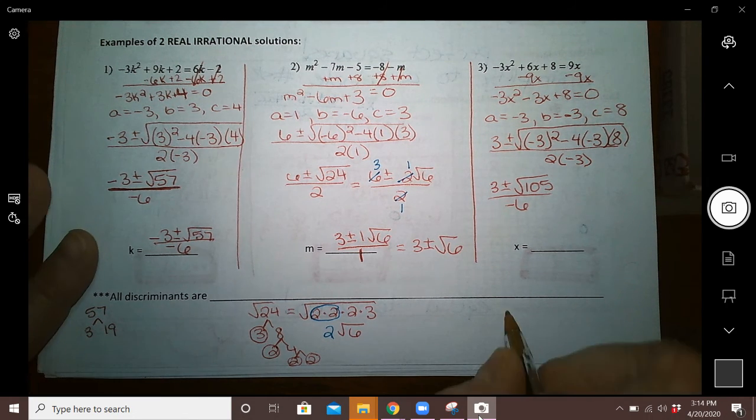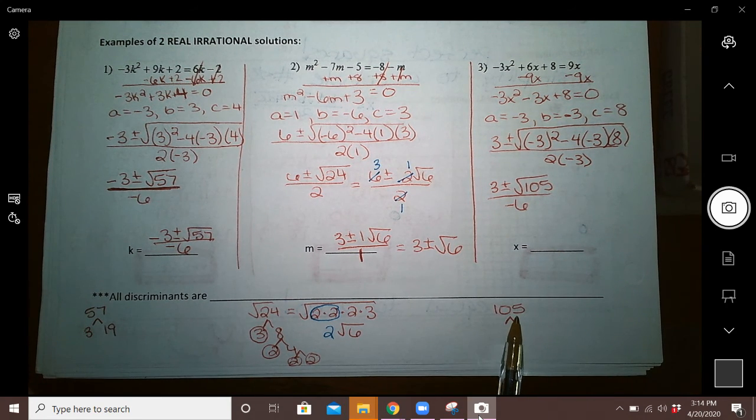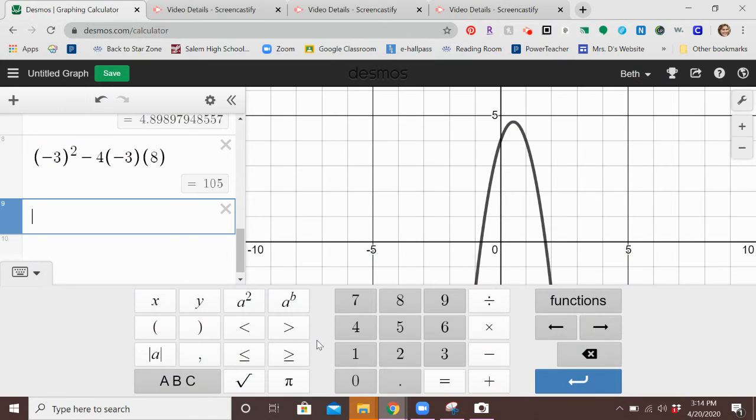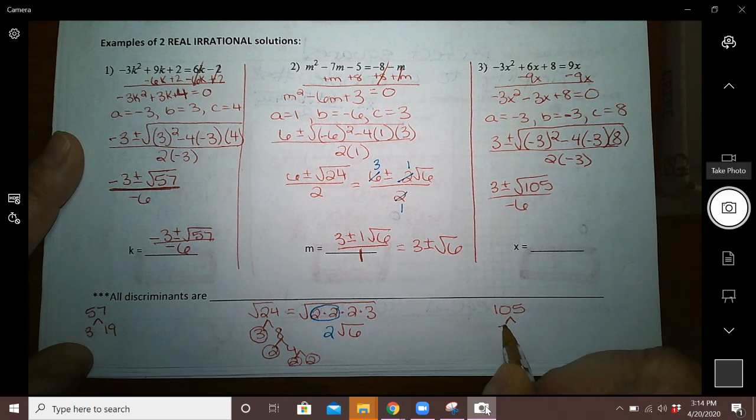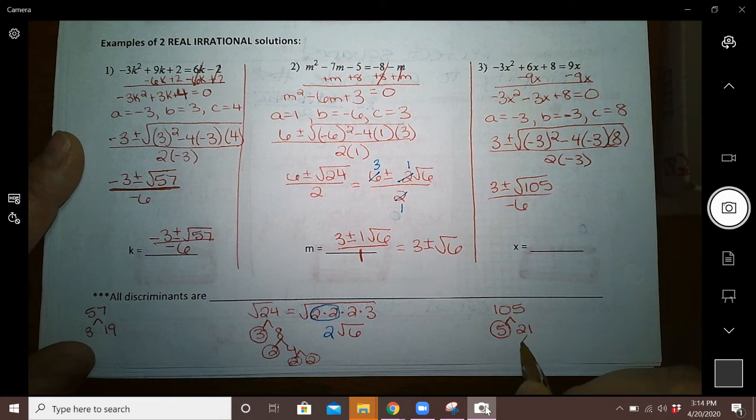So down here in the margin, I'm going to try to break up 105. Guys, anything that ends in a 5 can be divided by 5. So you can go over to your calculator. 105 divided by 5 gets me 21. So if you're ever confused about what to start on, try some of those ending number tricks. 5 is prime and 21 is not, but I know 21 is 3 times 7.